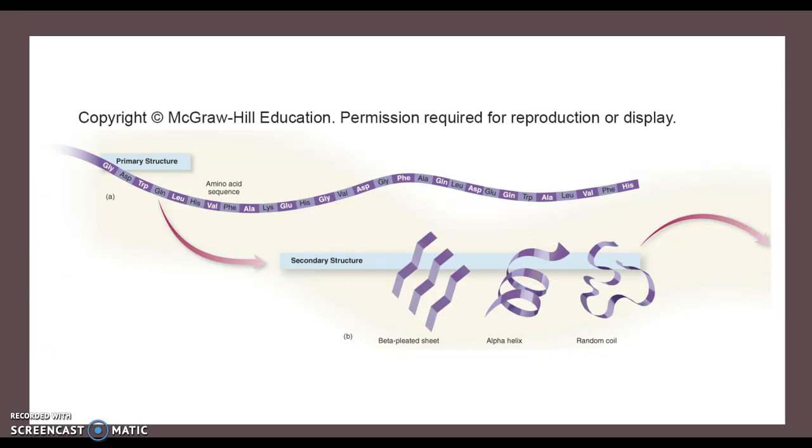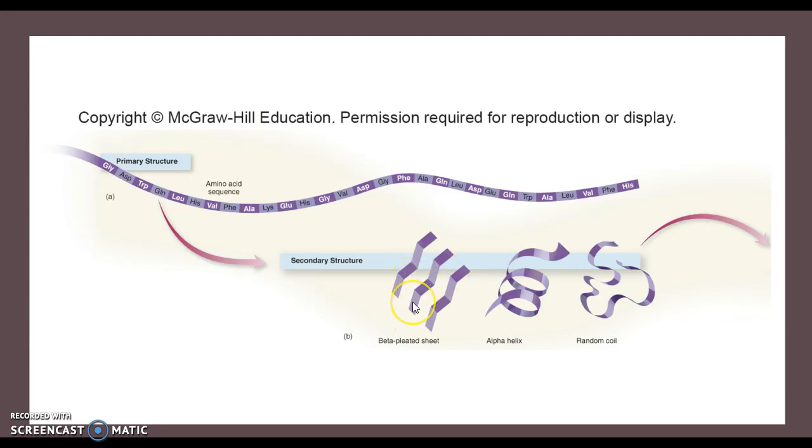So here is our primary and secondary structure, and you can see primary structure, we're just talking about the chain itself of amino acids and what are those amino acids, how many are there, what's the order. The secondary structure then forms as the functional groups in these amino acids form hydrogen bonds, and those hydrogen bonds lead to additional folding and shaping of the protein.